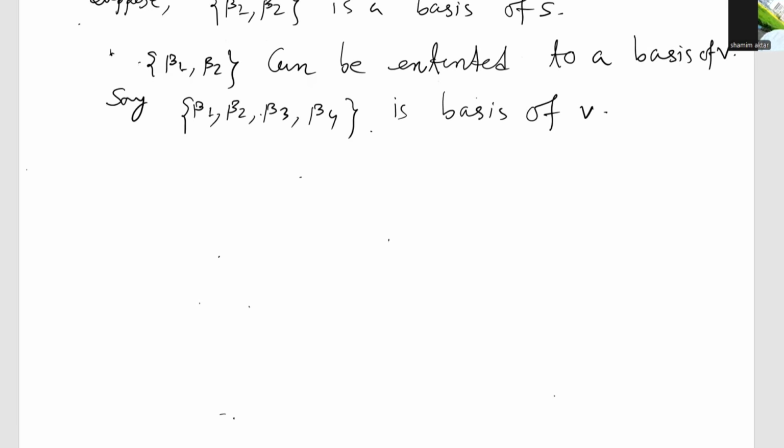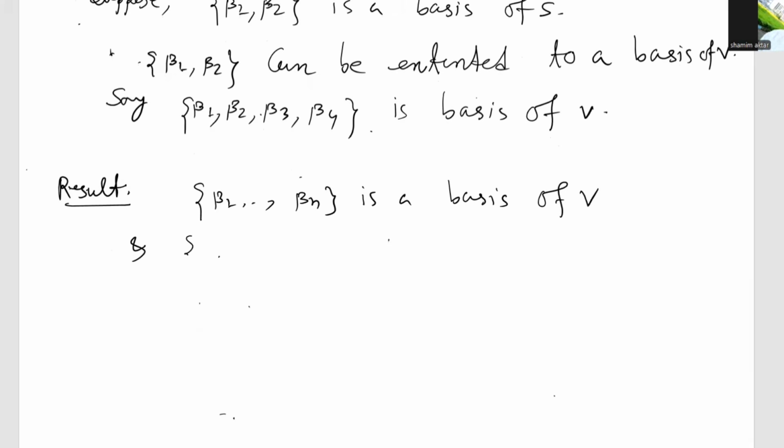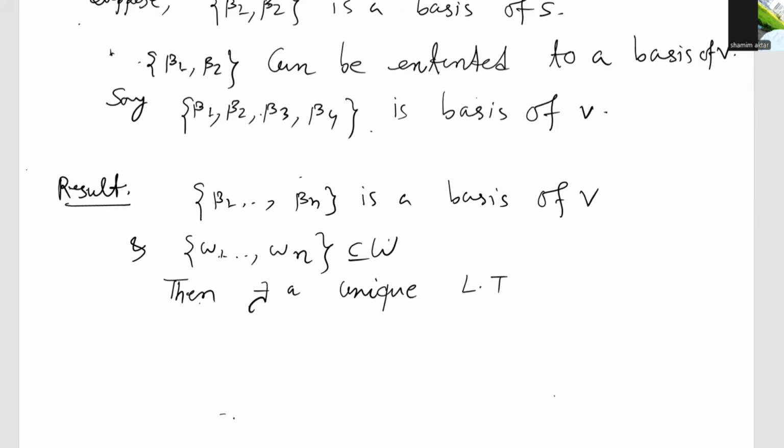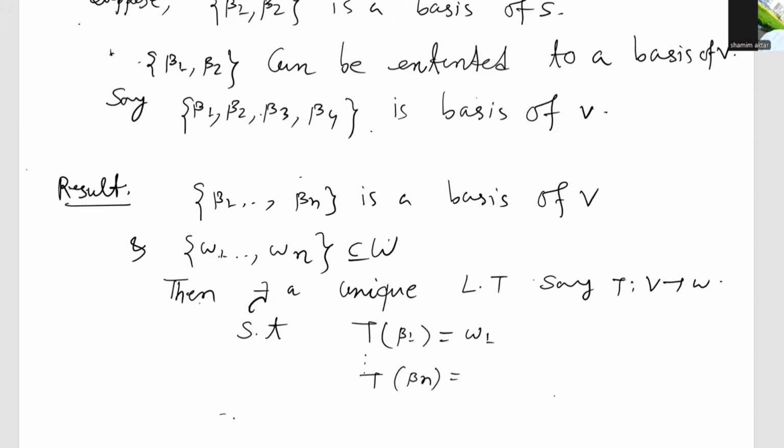And we know the result: if beta 1 through beta n is a basis of V, and W1 through Wn belong to W, that is, any subset of W which is not necessarily a basis, then there exists a unique linear transformation T from V to W such that T of beta 1 equals W1 and so on, T of beta n equals Wn.